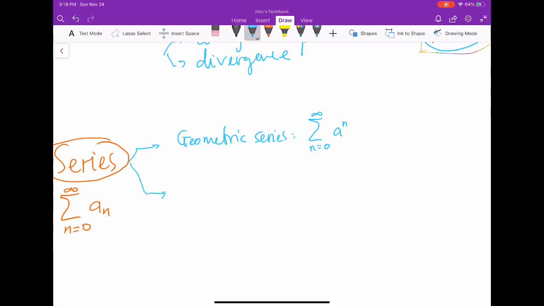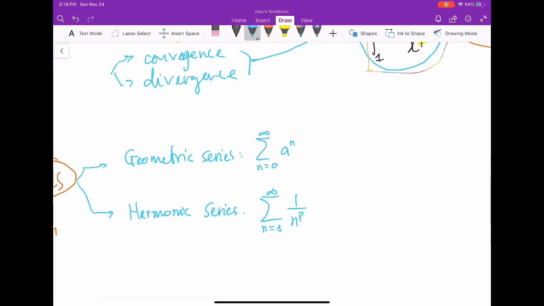Another one is the harmonic series, the sum of 1 over n to p, n from 1 to infinity. Okay, the geometric series is important because we will use this to study power series.